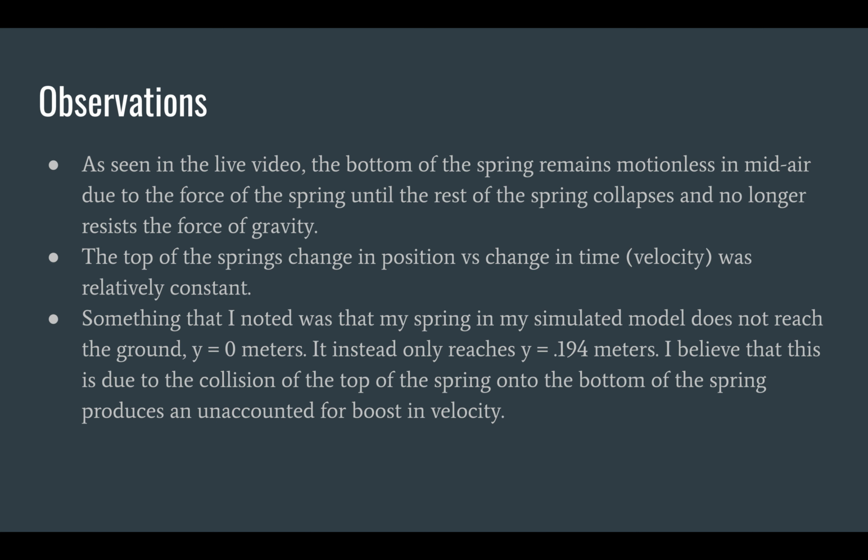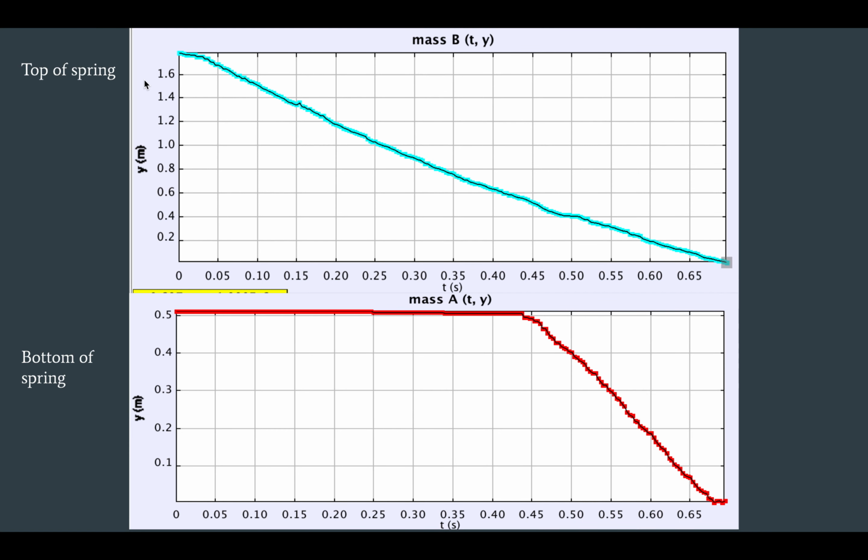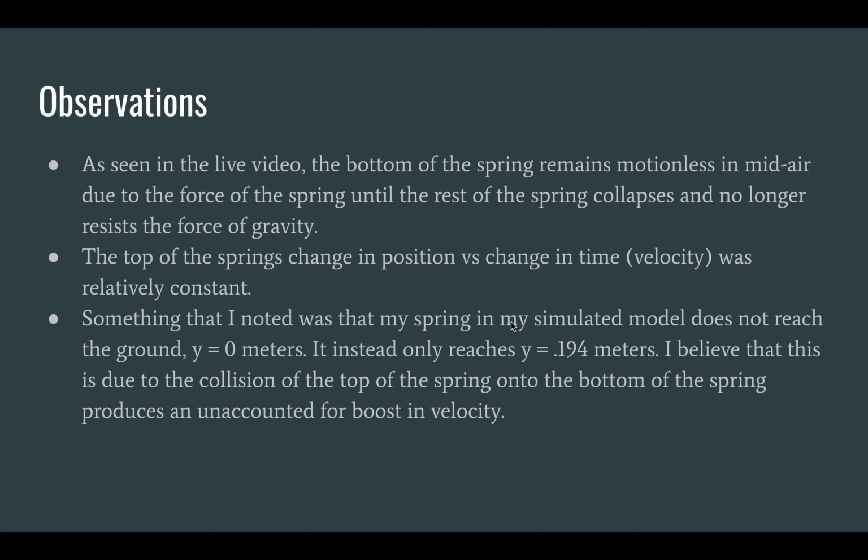The top of the spring's change in position versus change in time, its velocity was relatively constant, talking about this graph right here. And something I noted was that the simulated model doesn't reach the ground, y equals 0 meters.